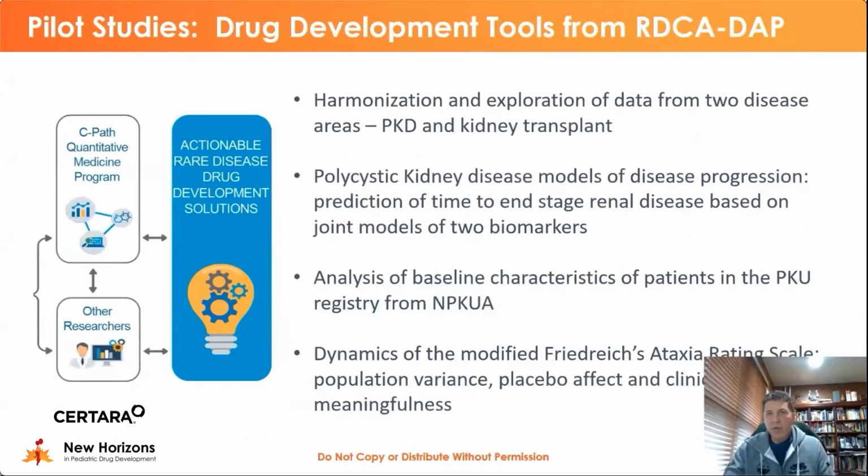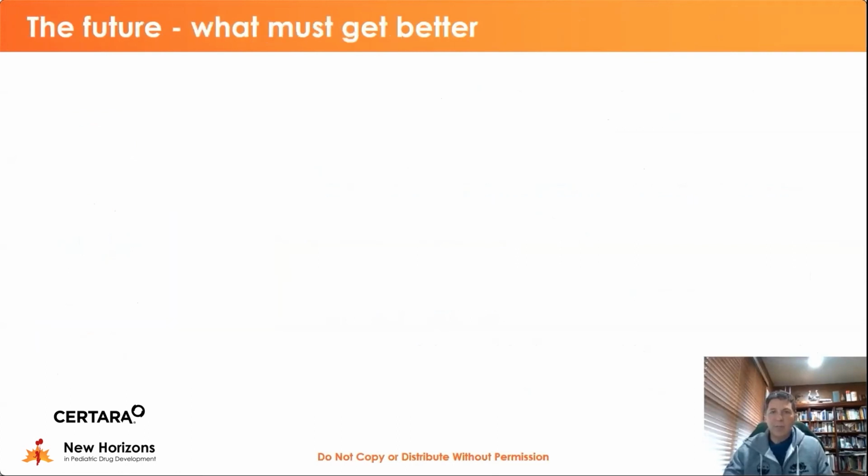Some of the early work, as I mentioned, in PKD and kidney transplant is already being connected to the platform. And the work that we showed during the platform launch in Friedreich's ataxia is a work in progress that clearly has the expectation of driving the design of future trials in FA. And this, again, is done in collaboration with academic investigators, with pharmaceutical sponsors, and clinical regulatory authorities. So clearly illustrating the value as well as the multidisciplinary requirement.